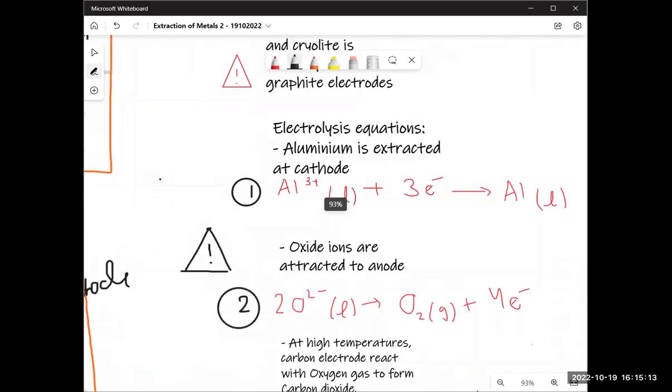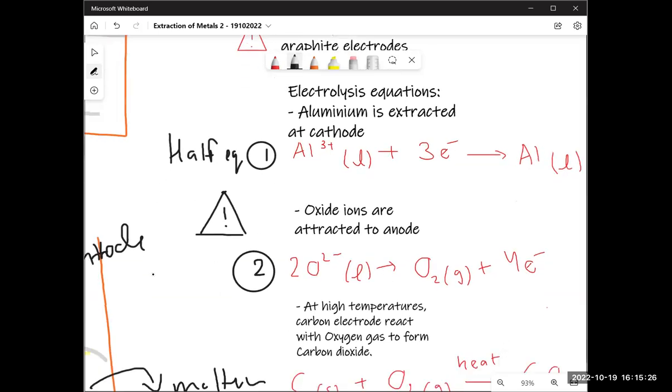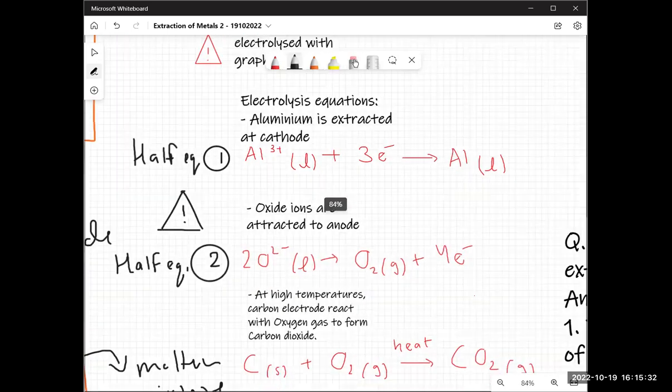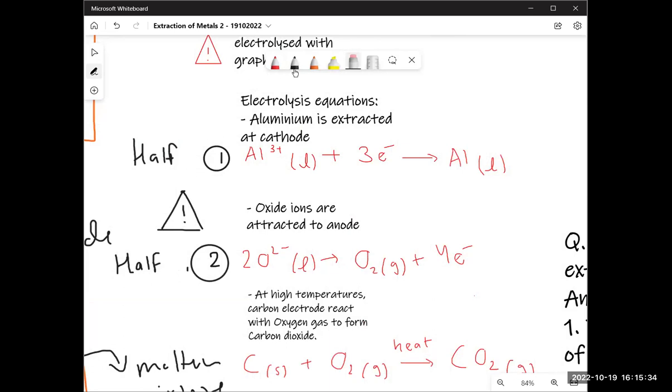We will call them half equations. Write this in your notebook. In front of this equation, write half equation 1, and half equation 2. Tell me when you're done writing.